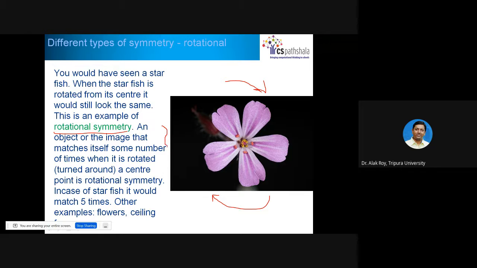An object or image that matches itself some number of times when it is rotated around its center point has rotational symmetry. In the case of a starfish, it would match 5 times. Like in a flower or a ceiling fan, you'll find the same.